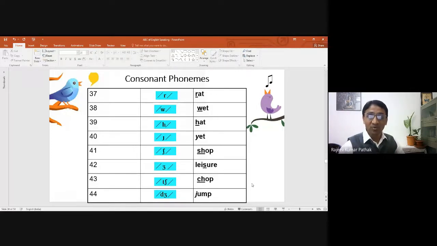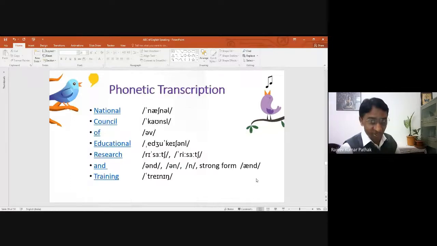Now let's move to some transcription. When it comes to phonetic transcription, every word in the dictionary can be transcribed using these symbols, showing how the words will be pronounced, how they should be spoken. For example, I have taken some words used in our institute.